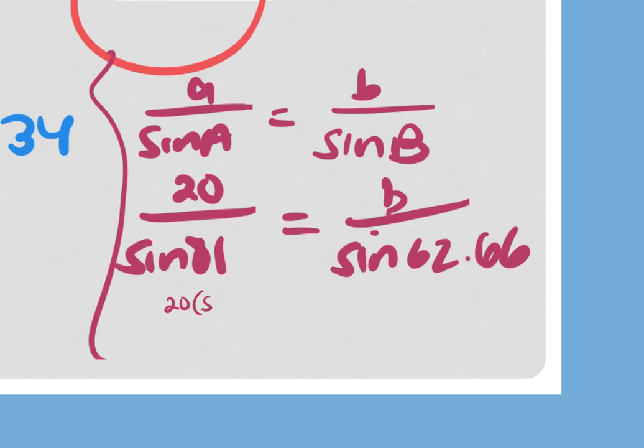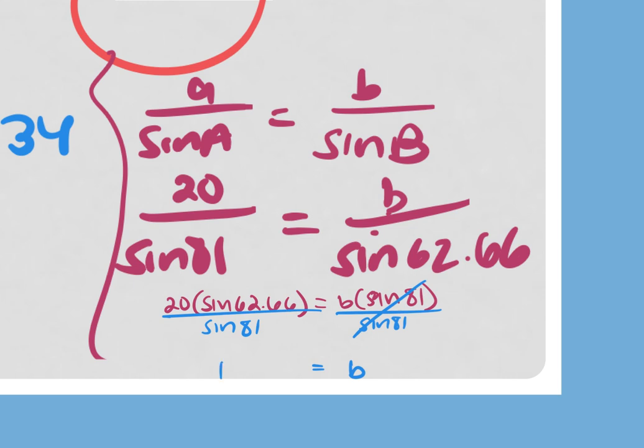I cross multiply and divide: sine 62.66 divided by sine of 81. And B equals 17.99.